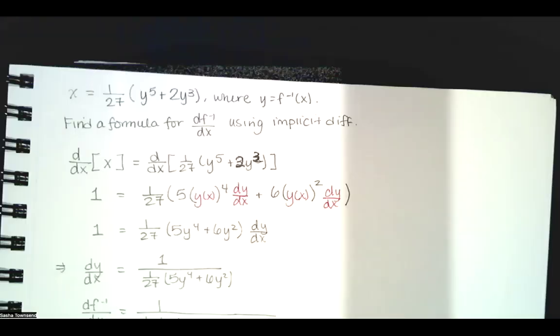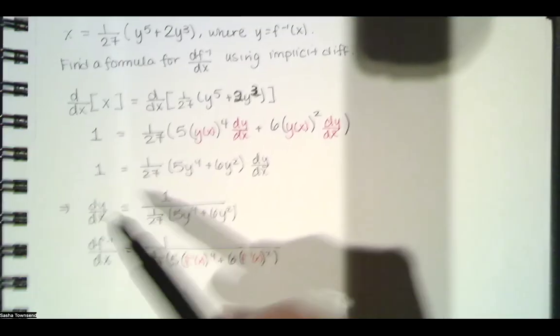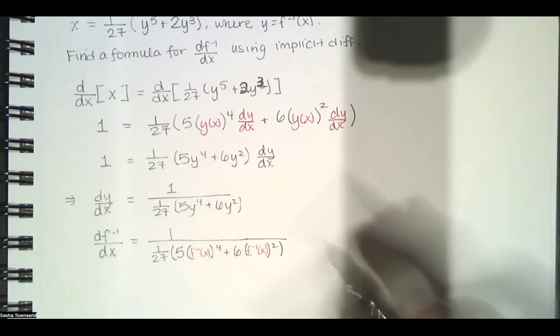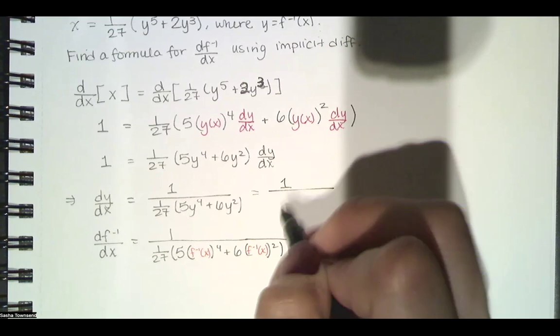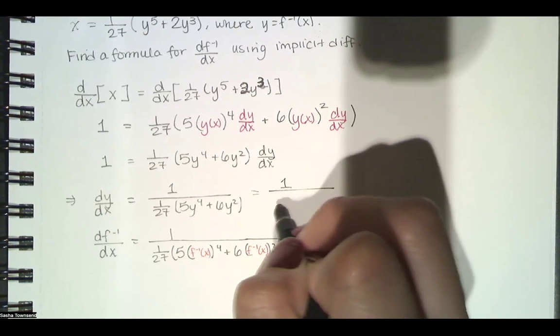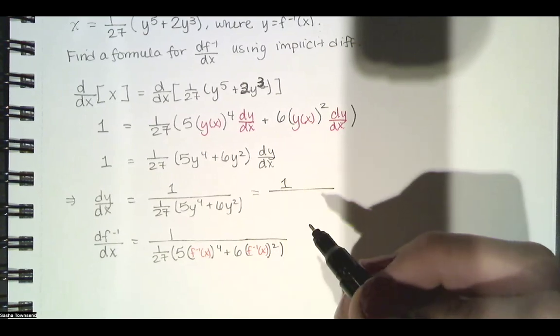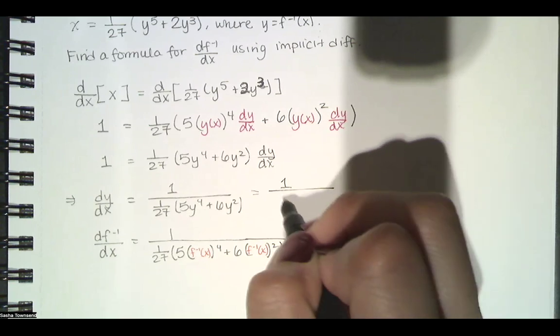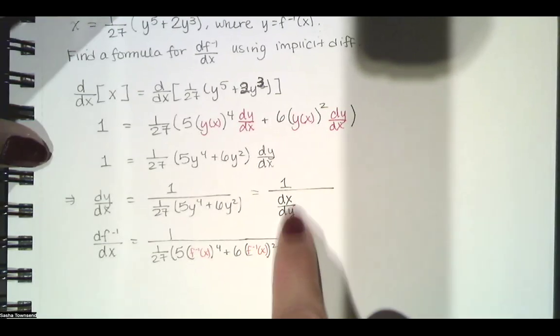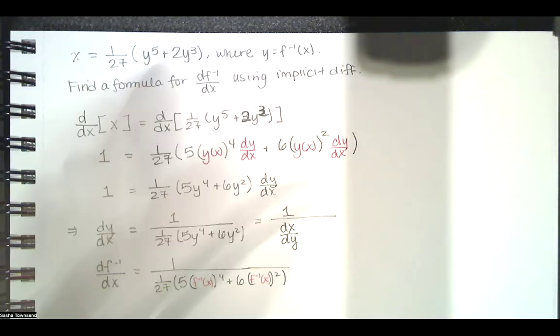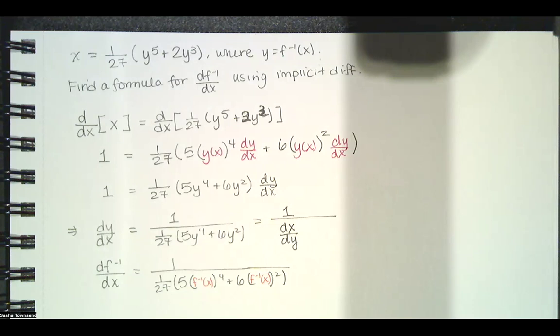So an alternative form of this is to say, well, dy dx, or the derivative of f inverse at x, is just 1 divided by the derivative, how do I say this? The derivative of x with respect to y, where the function relating x and y is the one that we get when we switch the roles of x and y.